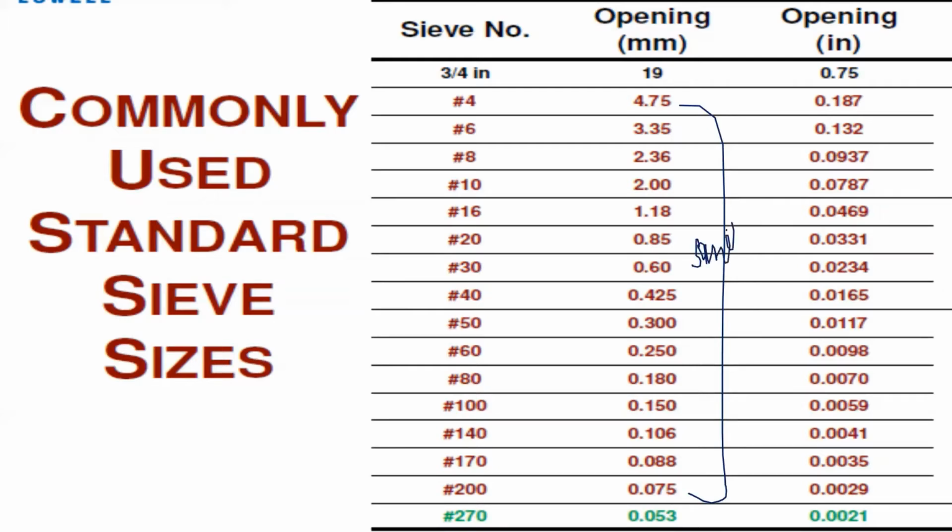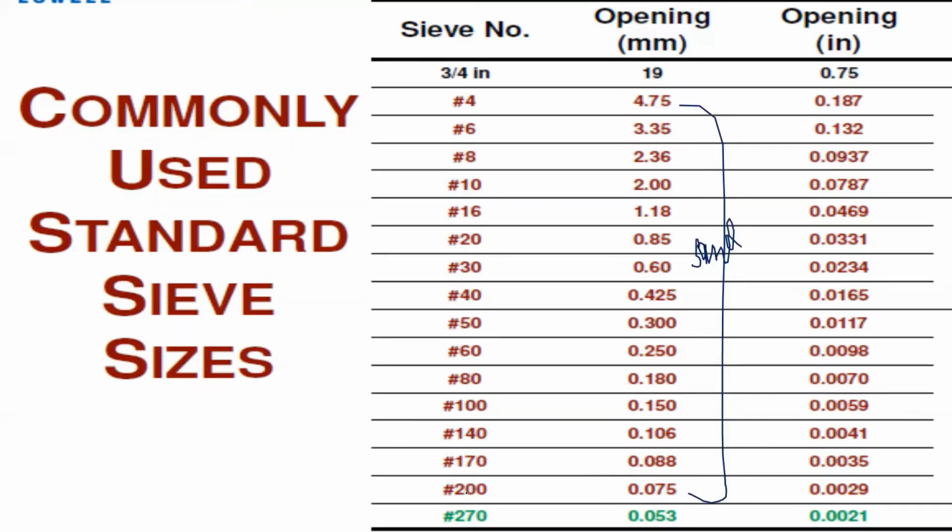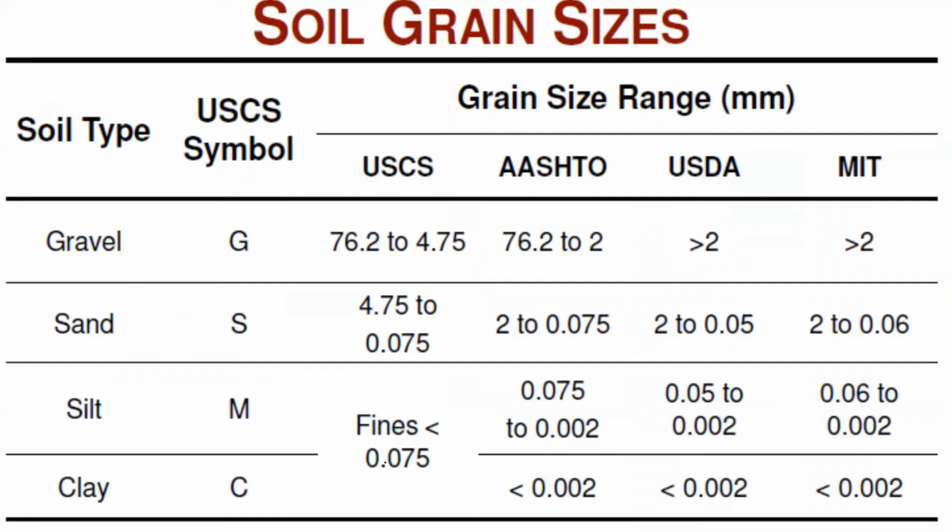So I am moving towards the next. The sand is done and the gravel is done. Hopefully it is clear to you. The amount which passes after 0.075, the amount which passes the number 200 sieve, you will get silt and clay. So fines are less than 0.075.